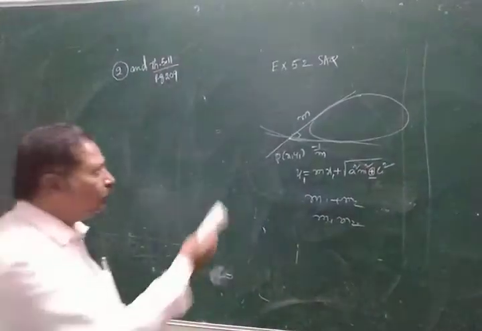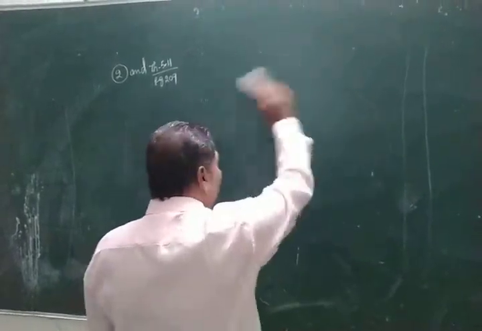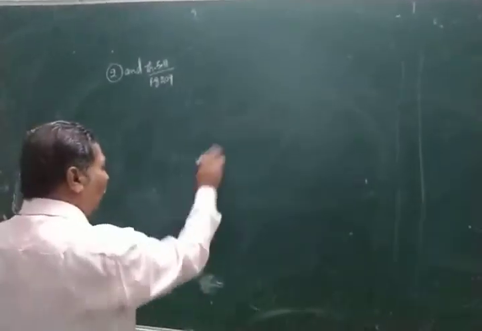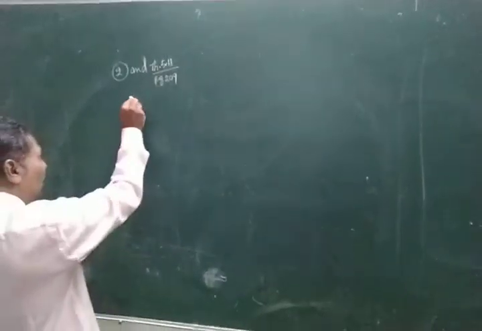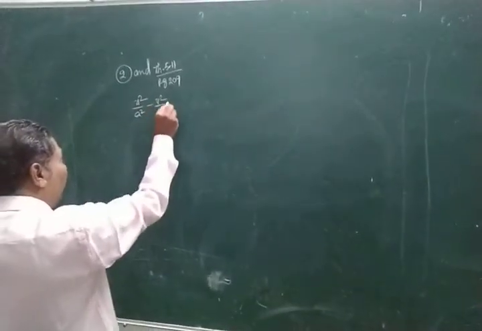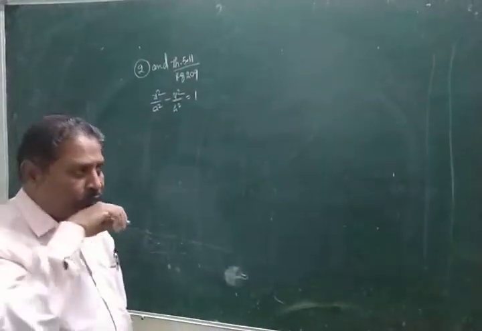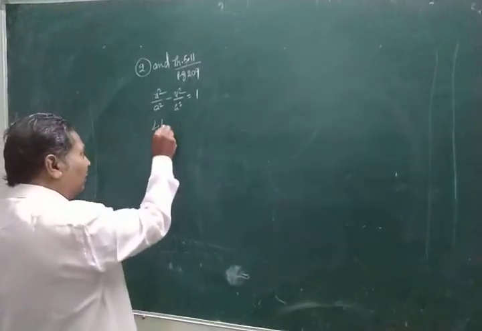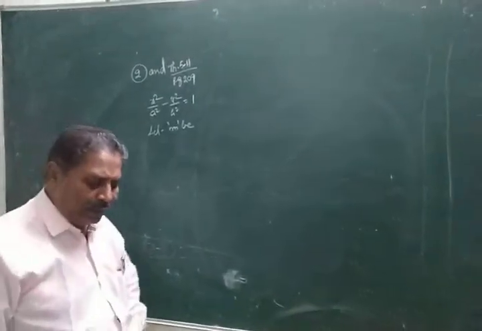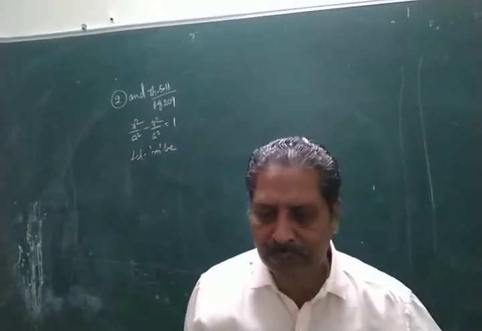Given equation of the hyperbola, x square by a square minus y square by b square equal to 1. Let m be slope of the tangent.